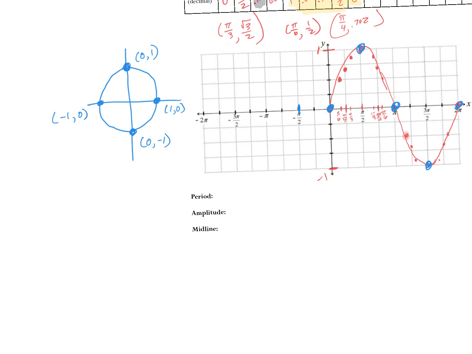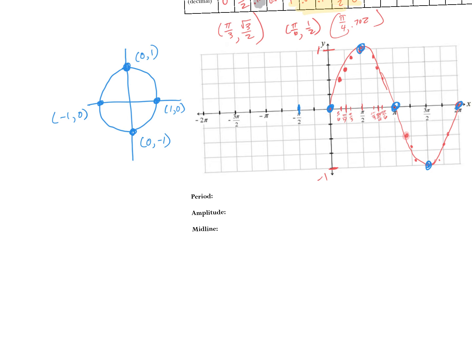The easiest way for me to describe it is we have peaks and we have troughs of this wave, okay? And those come from going around the unit circle. And notice our y-coordinates: we went up, and then we came down, and then we kept going down, and then we started coming back up. And we could keep going around the circle, and this graph keeps going, and it just goes this way. Okay? Is everybody with me?